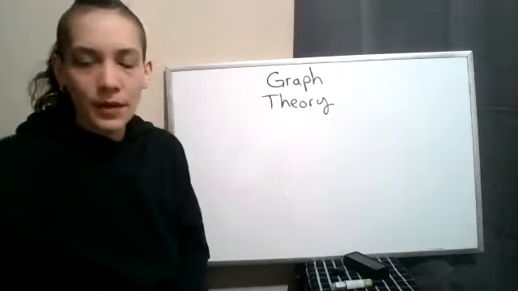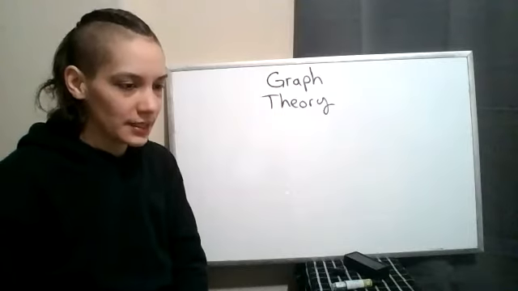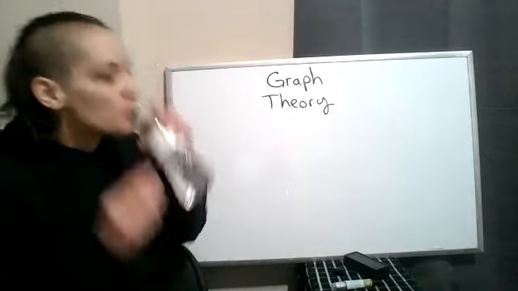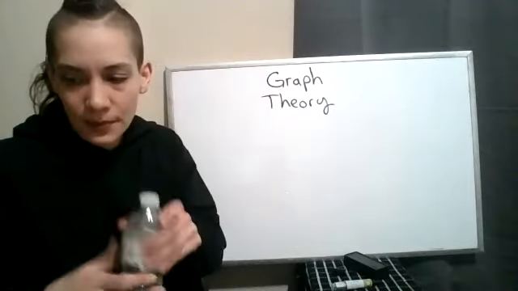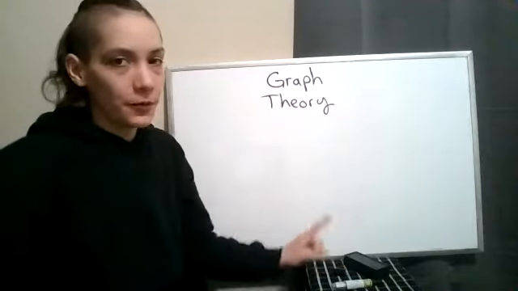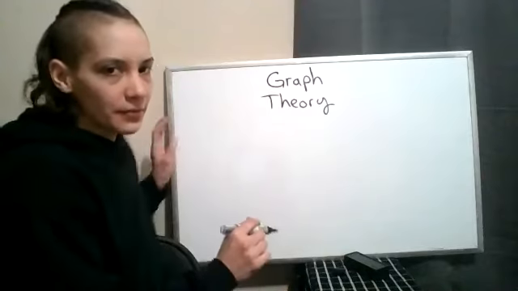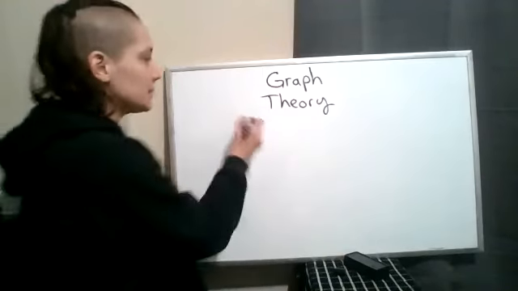Okay, so today is focusing on what a graph is and a lot of examples. First, what this graph isn't. This is not the same kind of graph that is in an algebra class.